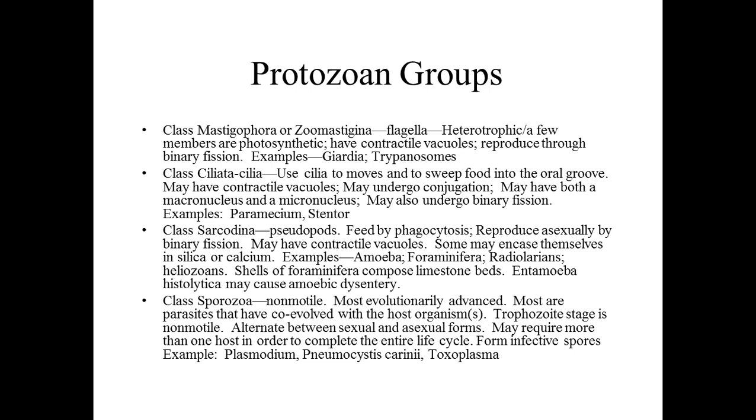You start feeling really weak. Why would that make sense? Can't transport enough oxygen, therefore you can't do enough respiration, therefore you don't have enough ATP. You need that to do stuff. So Plasmodium is by far the most famous one.